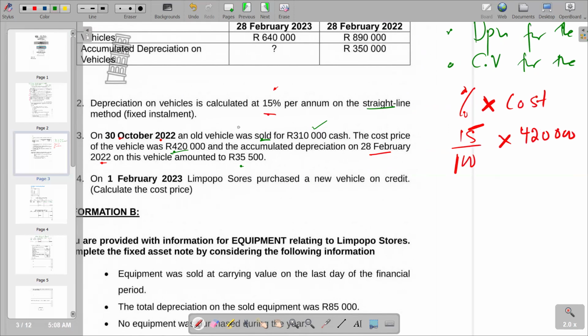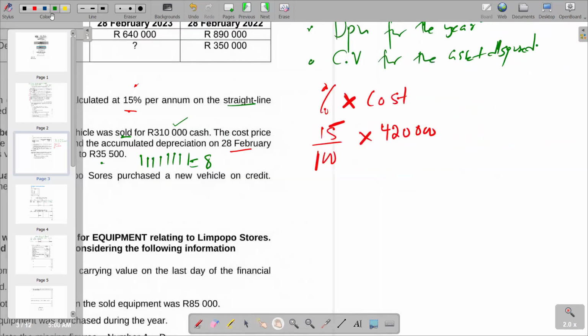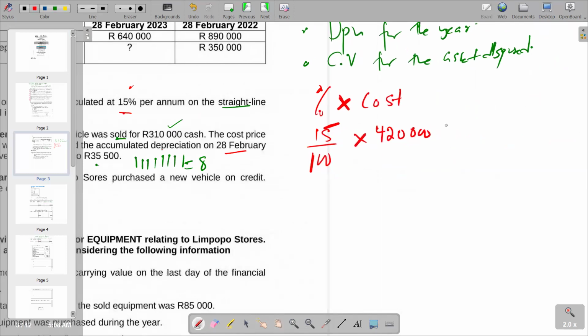So it starts March, April, May, June, July, August, September, and the whole of October. Then we have 1, 2, 3, 4, 5, 6, 7, 8. So it was there for 8 months. So after you have calculated 15 over 100 times 420,000, you are supposed to multiply by 8/12 to get the proportion of the 8 months that this non-current asset stayed.